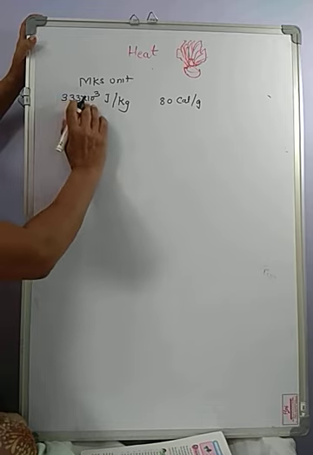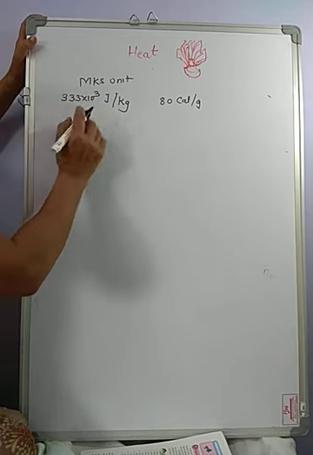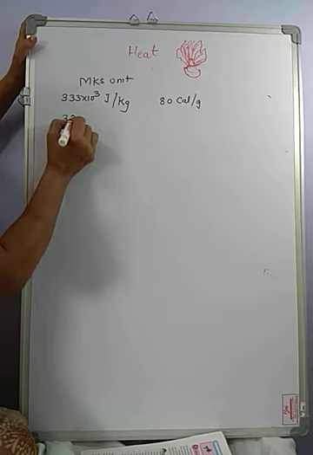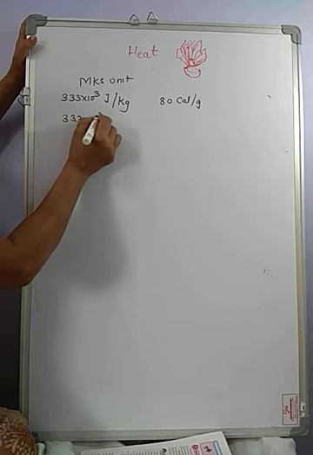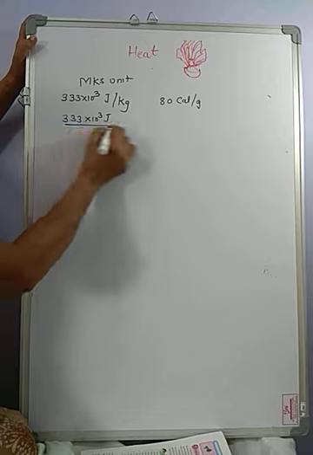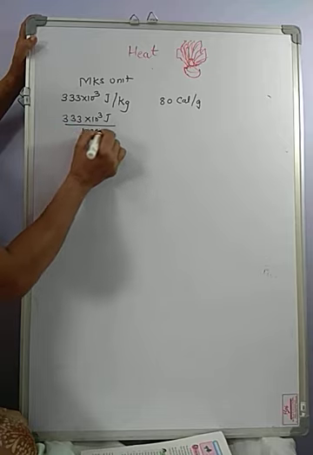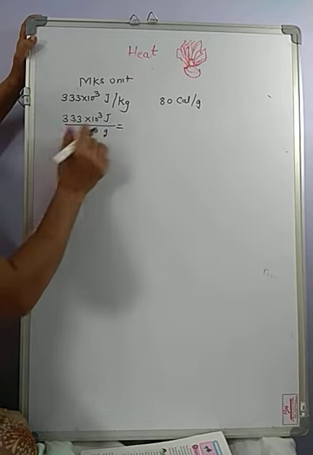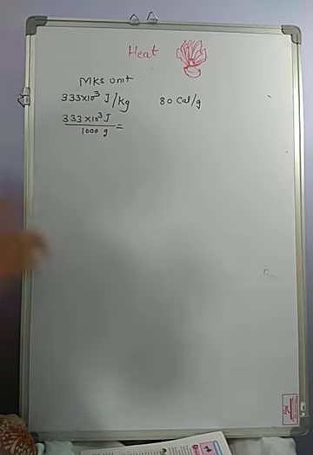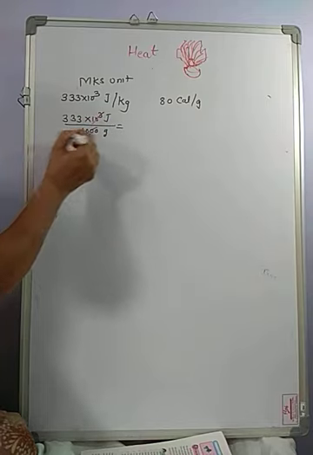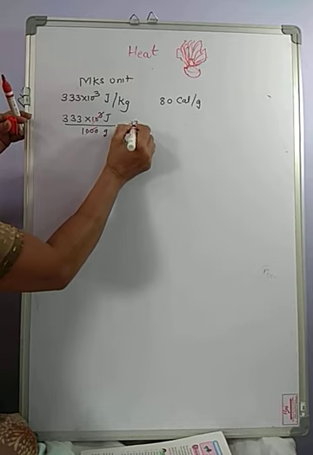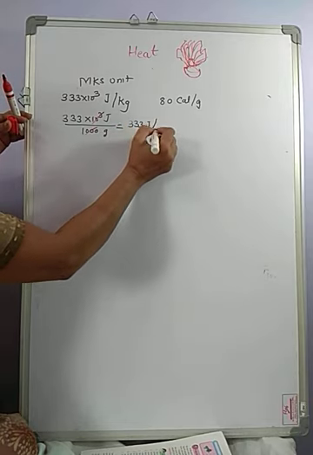Now 333 kilojoule per kg. We know that 1 kg is equal to 1000 gram. That is 333 into 10 to the power 3 joule upon 1000 gram. This gets cancelled, 10 to the power 3 and 1000 get cancelled, and this can be said to be 333 joule per gram.